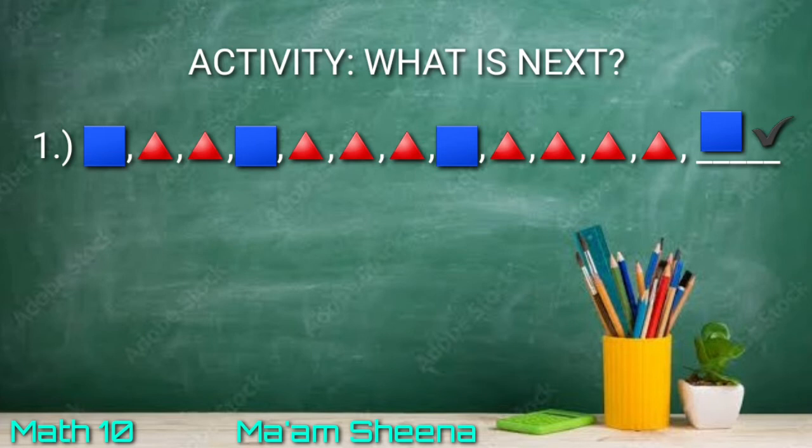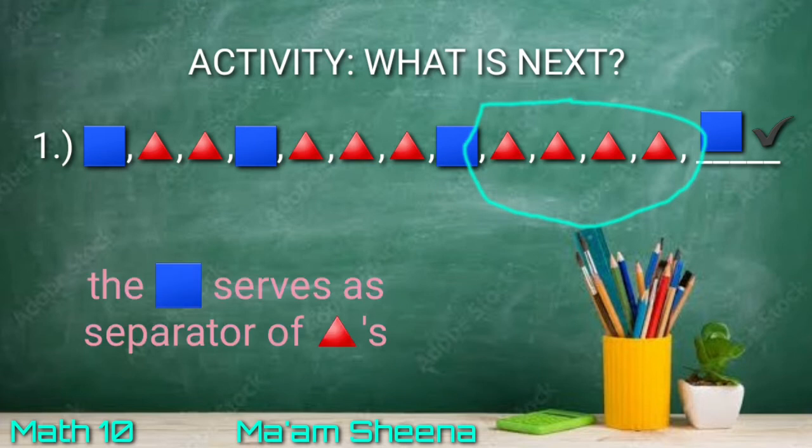So if you can notice in number 1, the square is the one that separates the triangles, in which the given triangles add 1 each time. So nagsugod ta sa 2 triangles, then it becomes 3 separated by a square, then 4 triangles. So the square serves as the separator of the triangles.